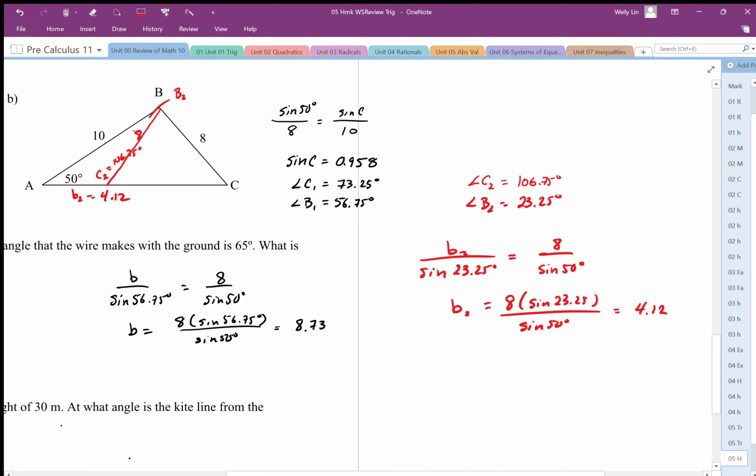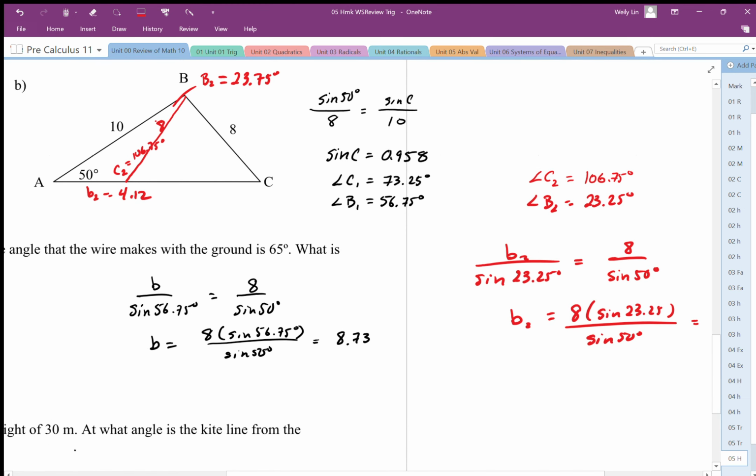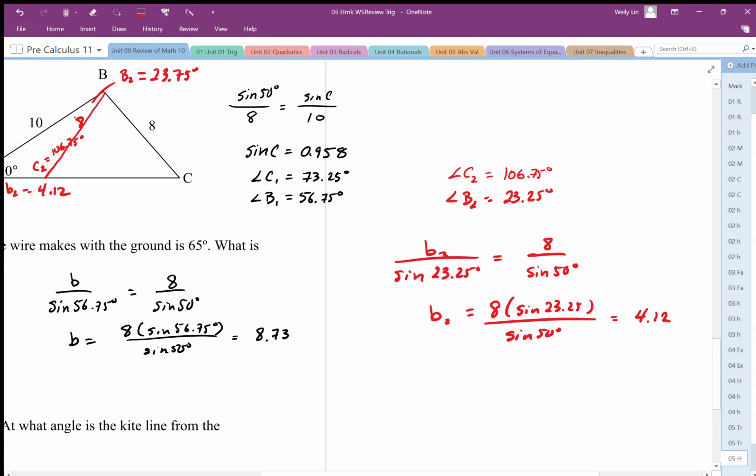So I have all three side lengths and all three angles inside that red triangle here. So let me just write that in. So that's 23.25 degrees. Okay, so this is an ambiguous case. So there are two different triangles that need to be solved for. All the side lengths and angles for one triangle are in black, and all the side lengths and angles for the second triangle are in red.